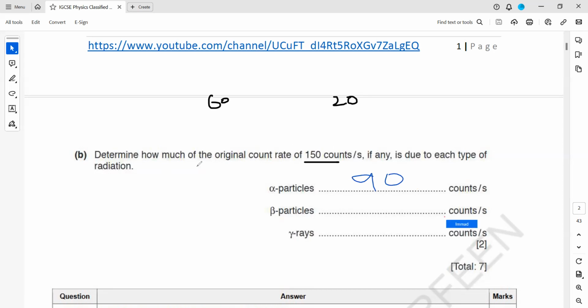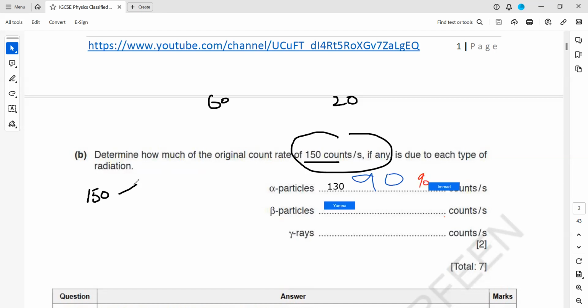So determine how much of the original count rate of 150 is due to each type of radiation. So first we were having 150. What does this 150 include? Alpha, beta, and the background as well.